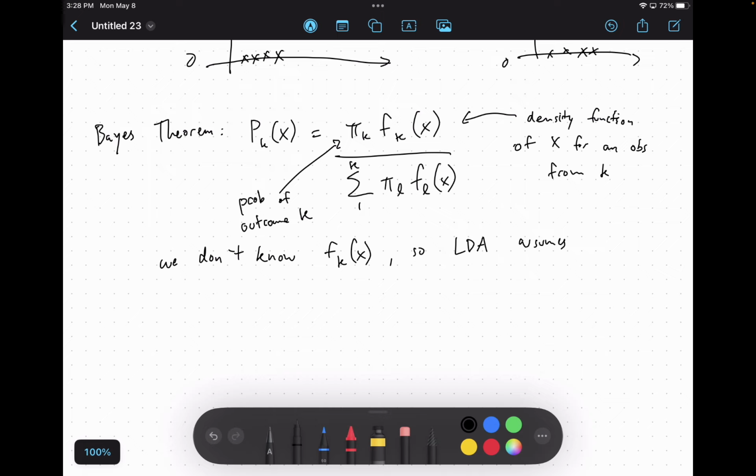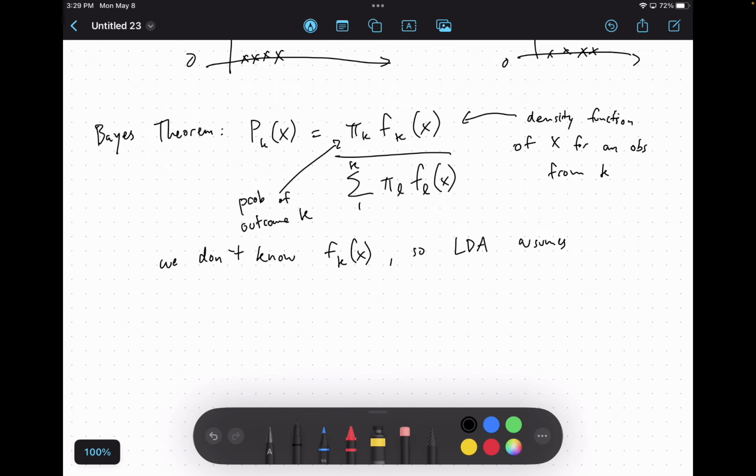So this is Bayes' theorem, where you're given your response variable already. Okay, but the problem is we don't actually know what the distribution looks like for our x.